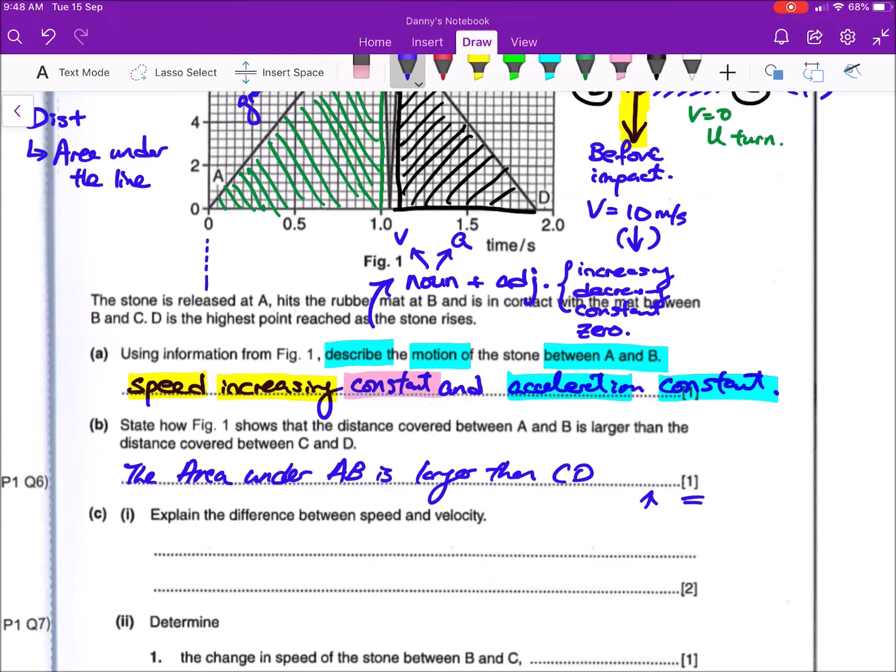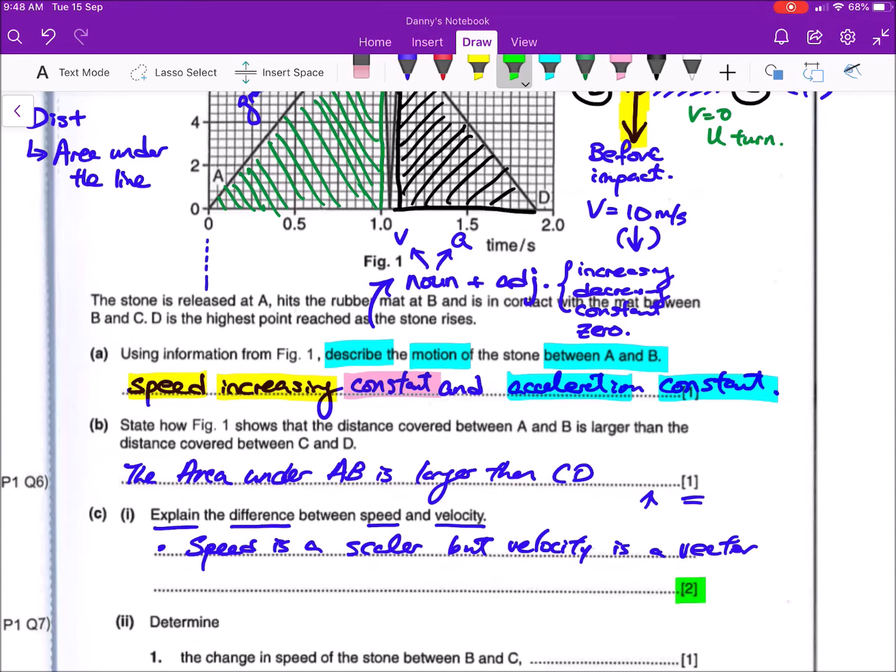Then after that you need to explain the difference between speed and velocity. The easiest way to explain is, of course, speed is a scalar, but velocity is a vector. You notice that this question is a 2-mark question and it has two answer lines.